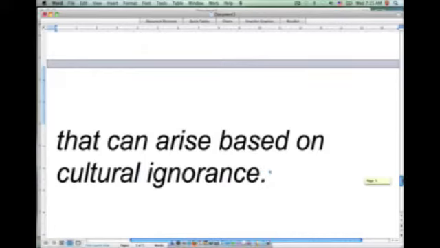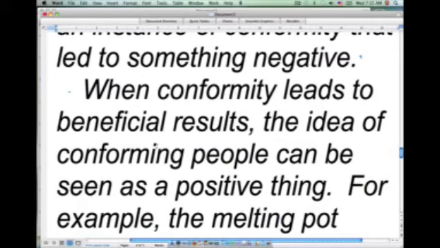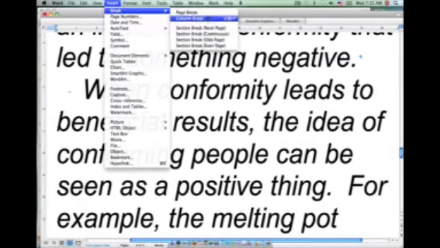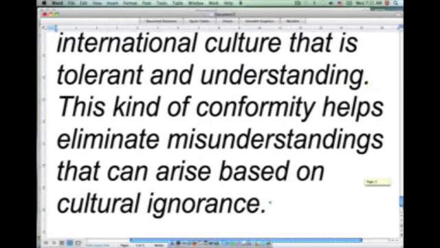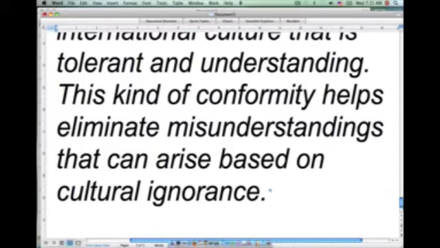Okay, let's get our paragraph onto one page so that it's easier to read. So this kind of conformity helps eliminate misunderstandings that can arise based on cultural ignorance.